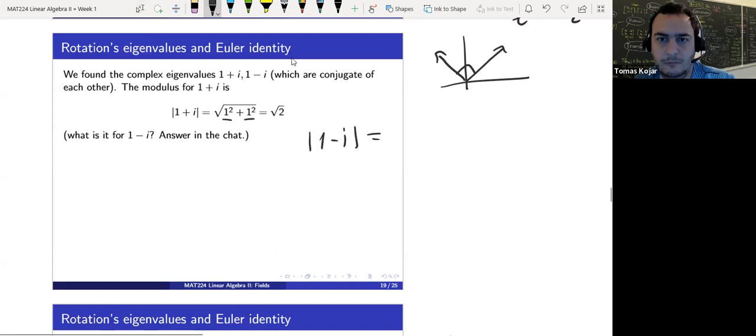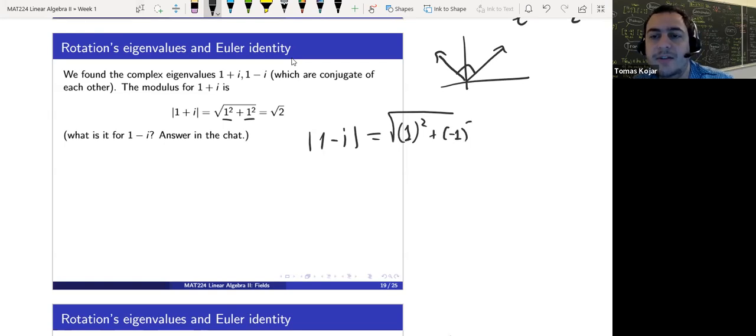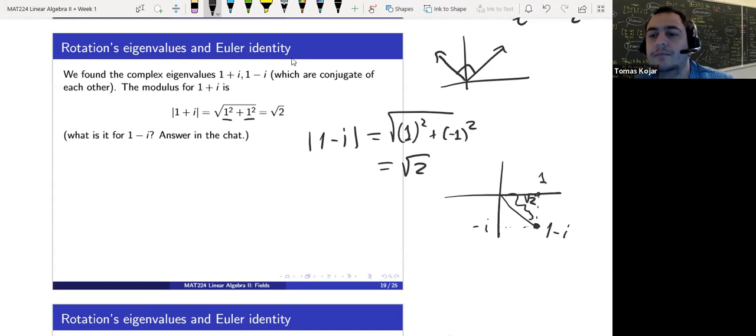We take square root of the real part squared plus the square of the imaginary part. So again, we get the distance from the origin of 1 minus i, which is over here. This distance is square root 2.